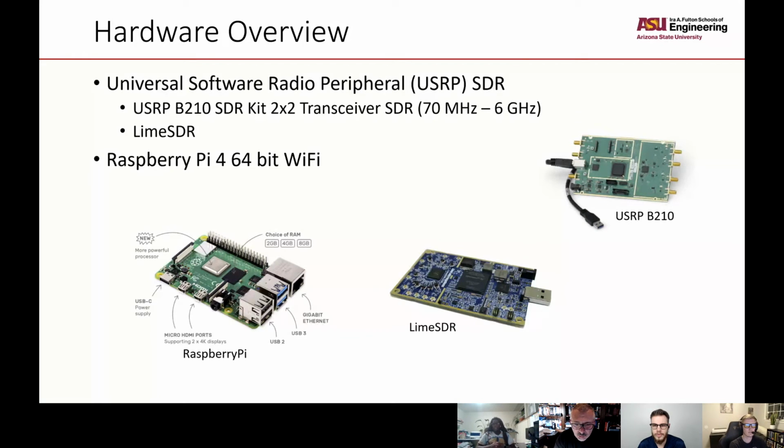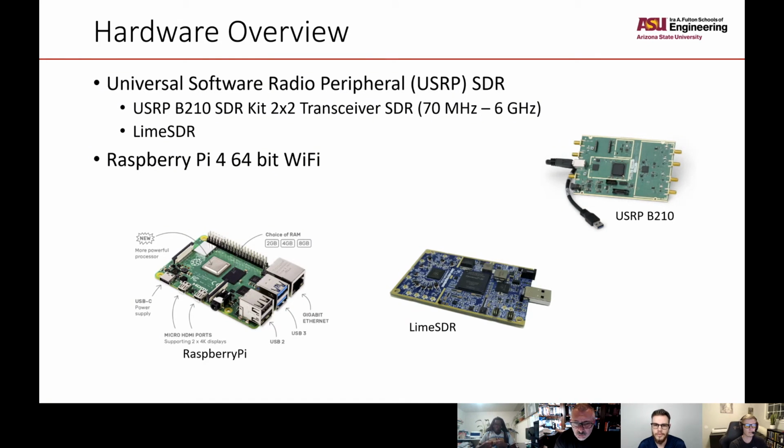We also chose these devices primarily due to the software-defined aspect of them, because this allows us to design radio systems that would typically require copious amounts of hardware to implement, but now we're solely able to do this using software and a PC, or in the future, for our user nodes, Raspberry Pi.